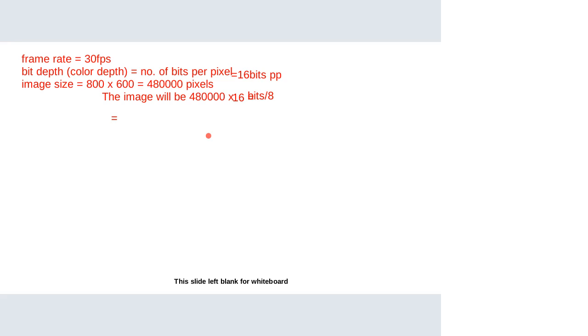So we are making our calculation better. Now it is 480,000 multiplied by 2, which is 96 followed by 4 zeros. But this now is bytes.